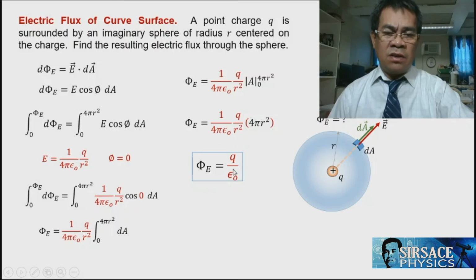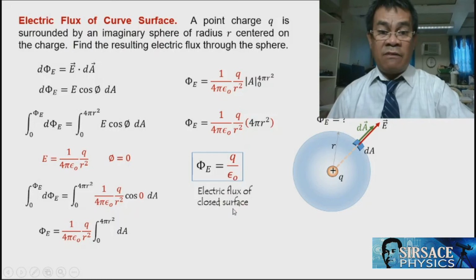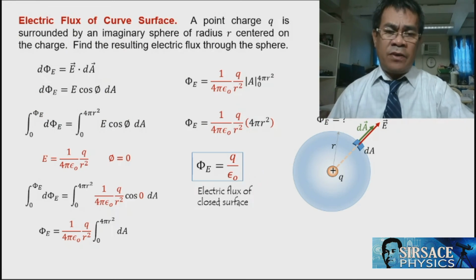Now take note, epsilon naught is the permittivity of a vacuum, and it has a value of 8.854 times 10 raised to negative 12. The unit is coulomb squared per newton meter squared.